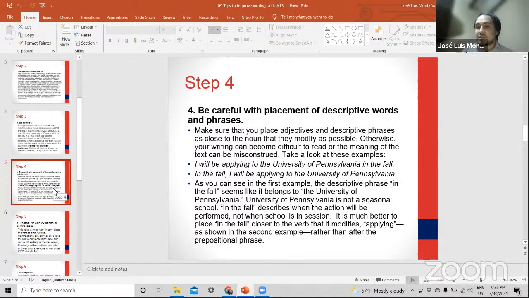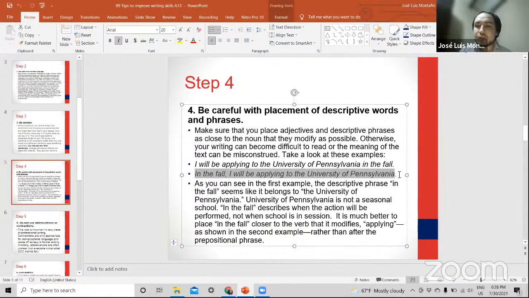The placement of descriptive words. In this case, the second one is the one that we want to use, right? Why? Because again, if we're going to have a long sentence, let's say even 2-line sentences are accepted, but even 2-line sentences are long, all right? It's also long.